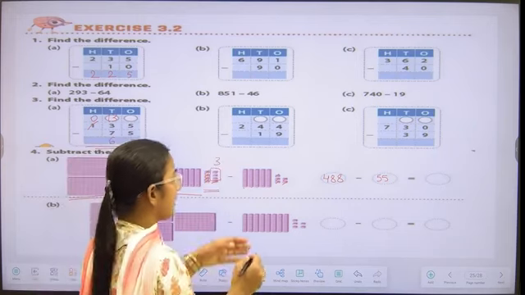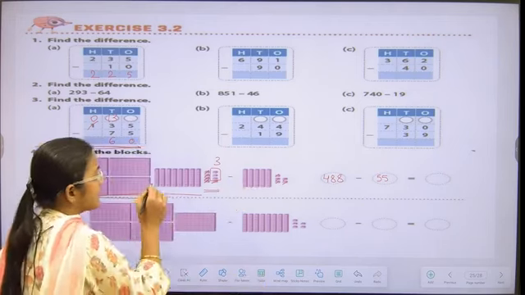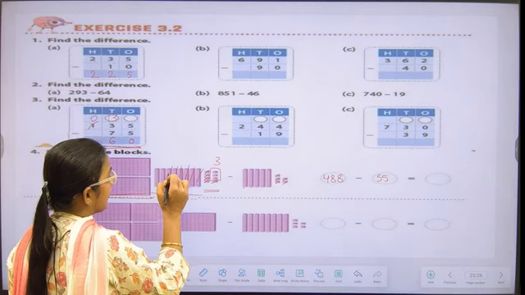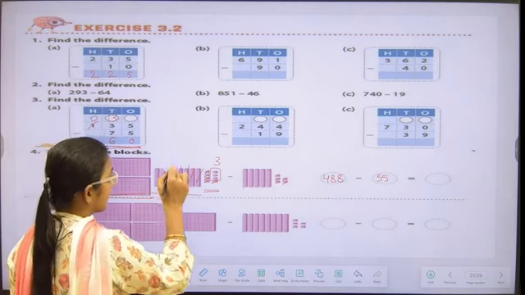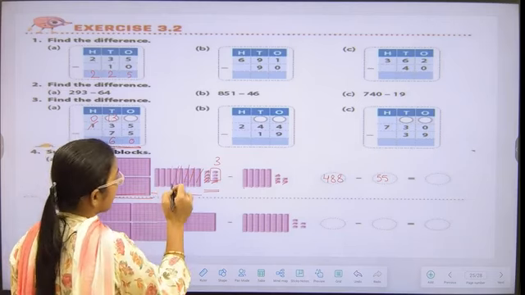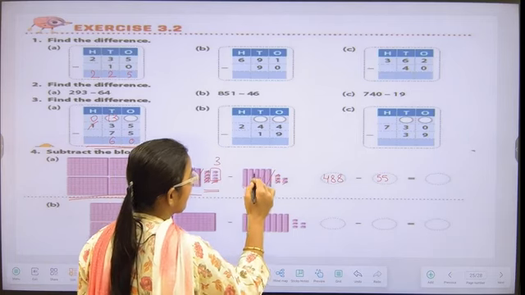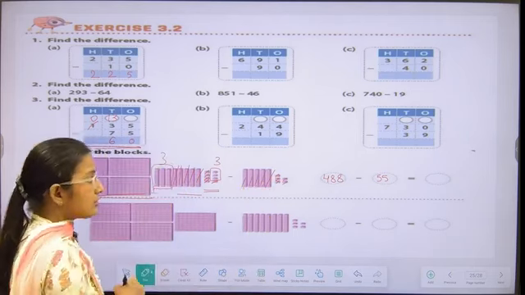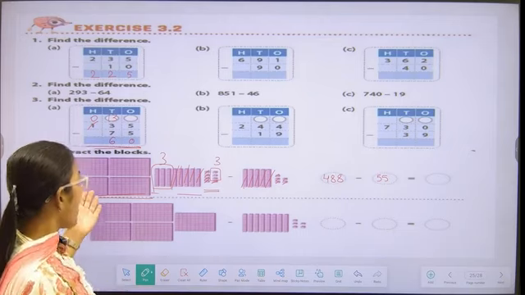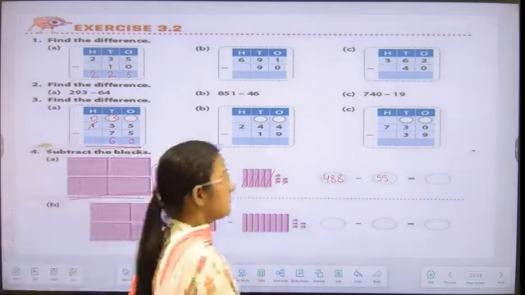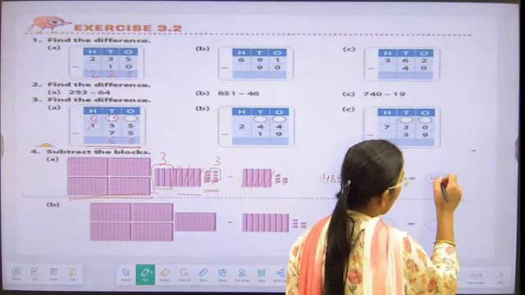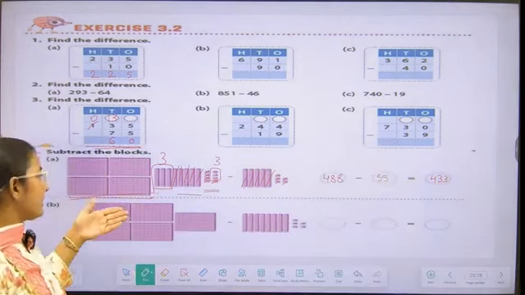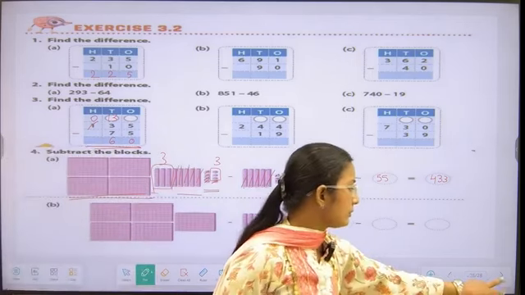And if I'm subtracting 5 tens blocks from 8 tens blocks, let's do it with me. 1, 2, 3, 4, 5. Only 5, students. So how many tens blocks are we having left with us? 3 tens blocks. So what is the difference? 433. So we can write 433 for that. Similarly, you can attempt the B part also.